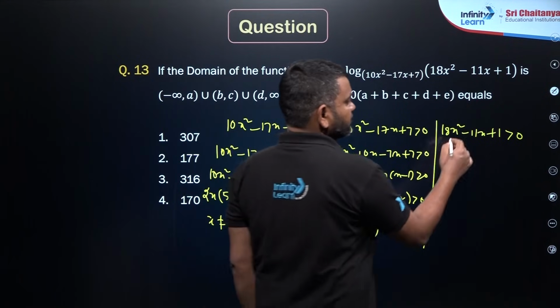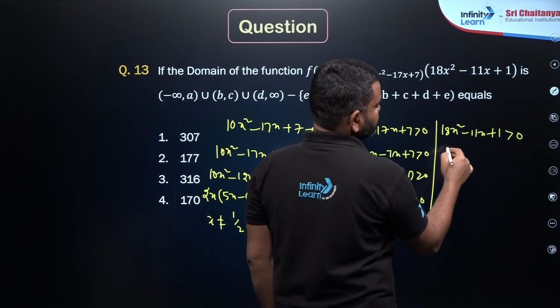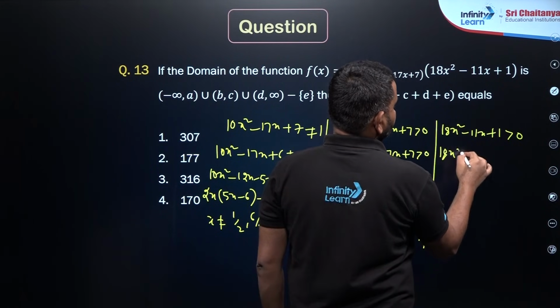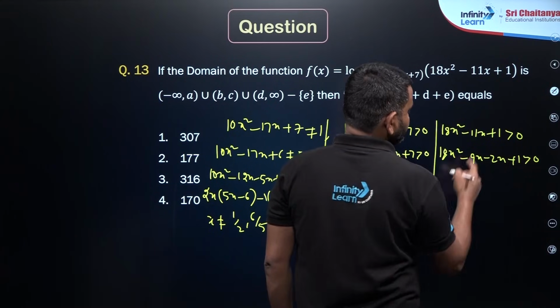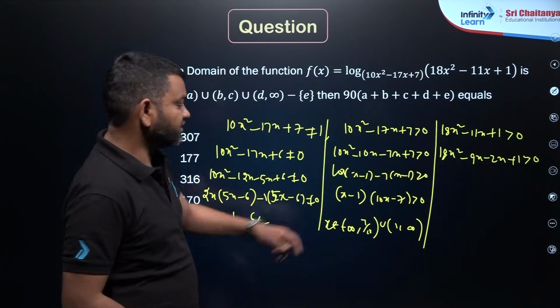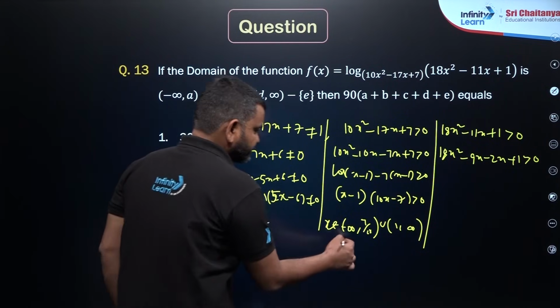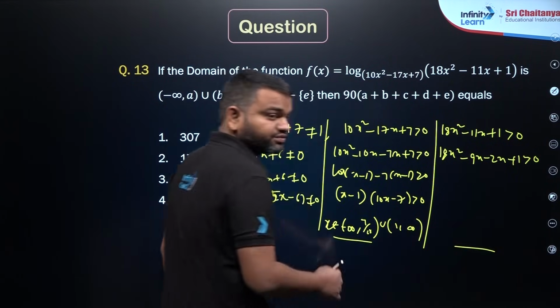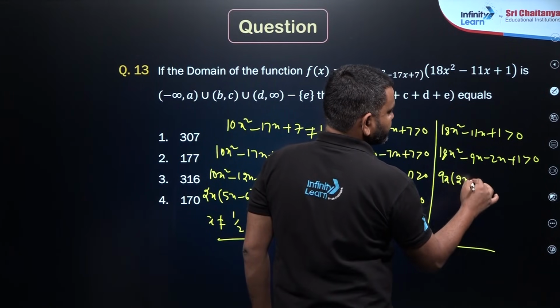And if you see this one, I need 18. So 12 I have here, 9 and 2 are. So 18x square minus 9x minus 2x plus 1 is greater than 0. Simplify this, again you will get an interval like this. Just take the intersection of all that. This is one situation, second situation, here you will get third situation. 9x if I am taking common, this is going to be 2x minus 1.